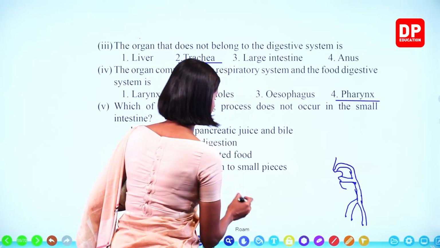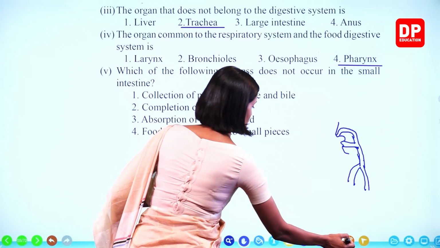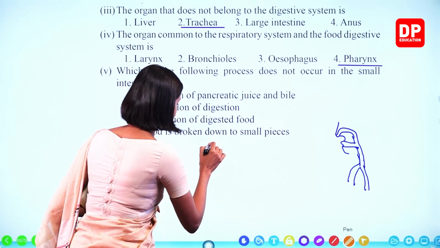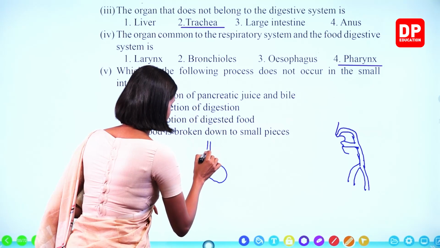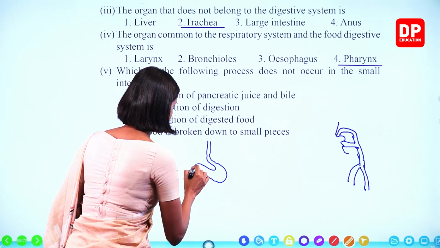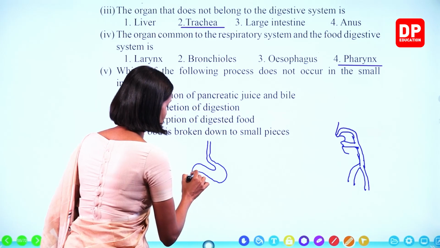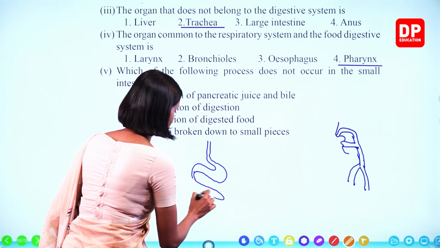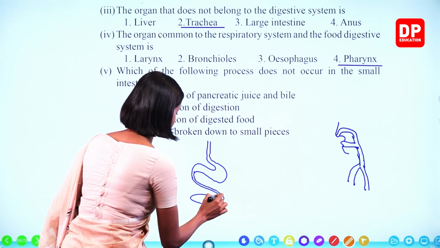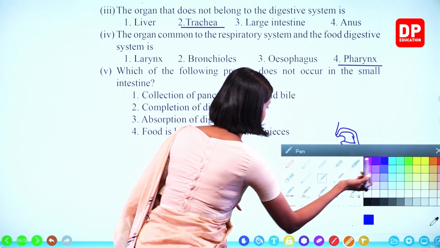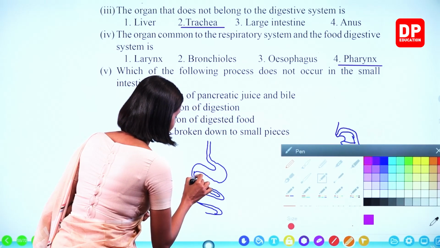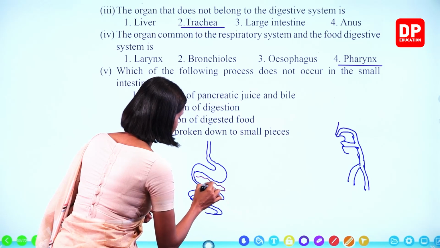When we consider the digestive system, we'll simply draw it like this. This is the esophagus. This is the stomach, and this is where the small intestine begins, right? And this is the small intestine. And remember, children, I'll draw with a different color. The organ called pancreas connects from here.